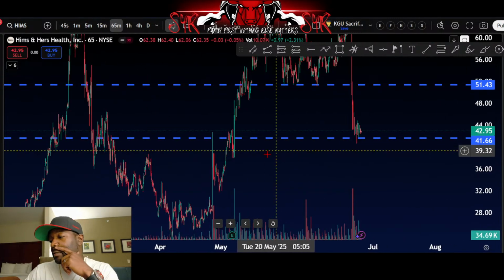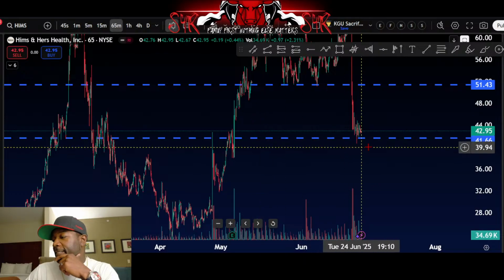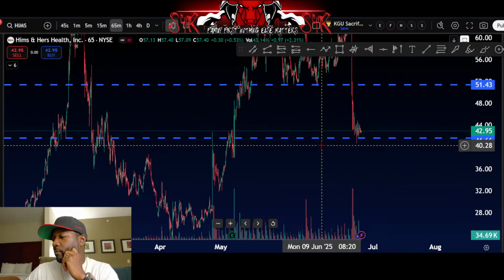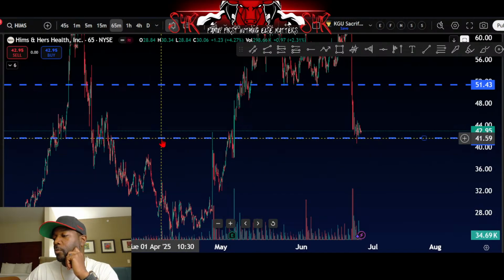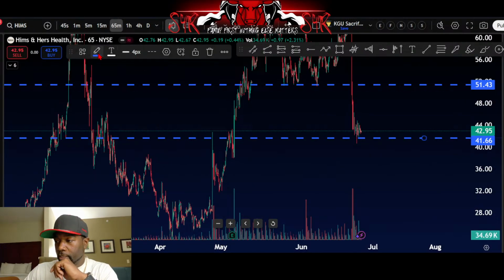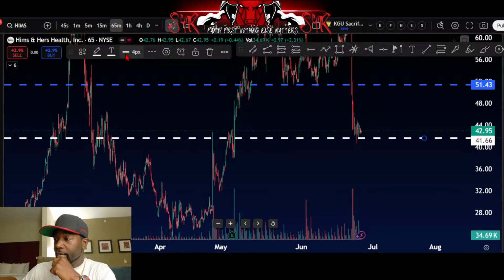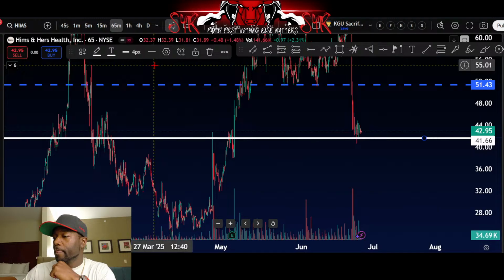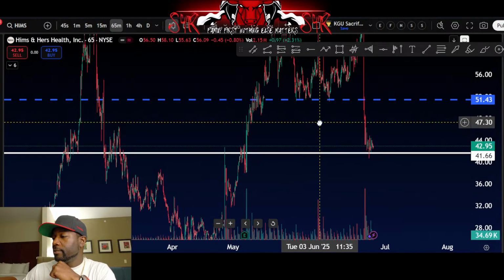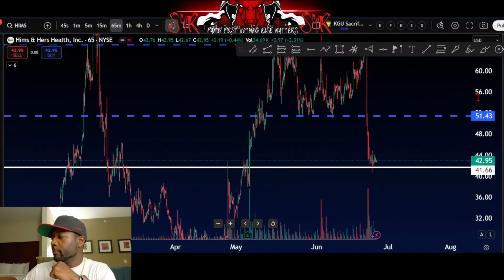Okay, so HIMS is at a key level of resistance, well, previous resistance, so it has to hold here. Essentially, we technically should be looking for calls based on what I see. But for something like this, I'm probably going to bring in the volume profile.